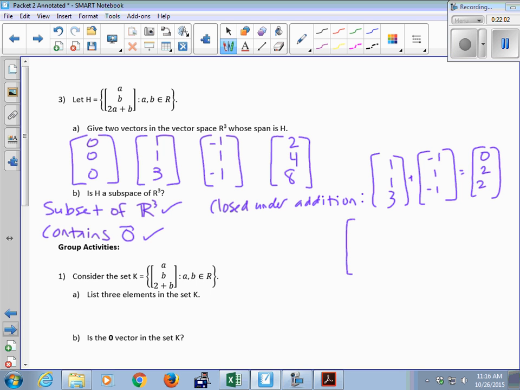Let's do -1, 1, -1 plus 2, 4, 8. So I get 1, 5, 7. 2 times 1 is 2, plus 5 is 7. Okay, so we're pretty sure it's closed under addition. We've done 2 examples, but we really should be a little more careful.